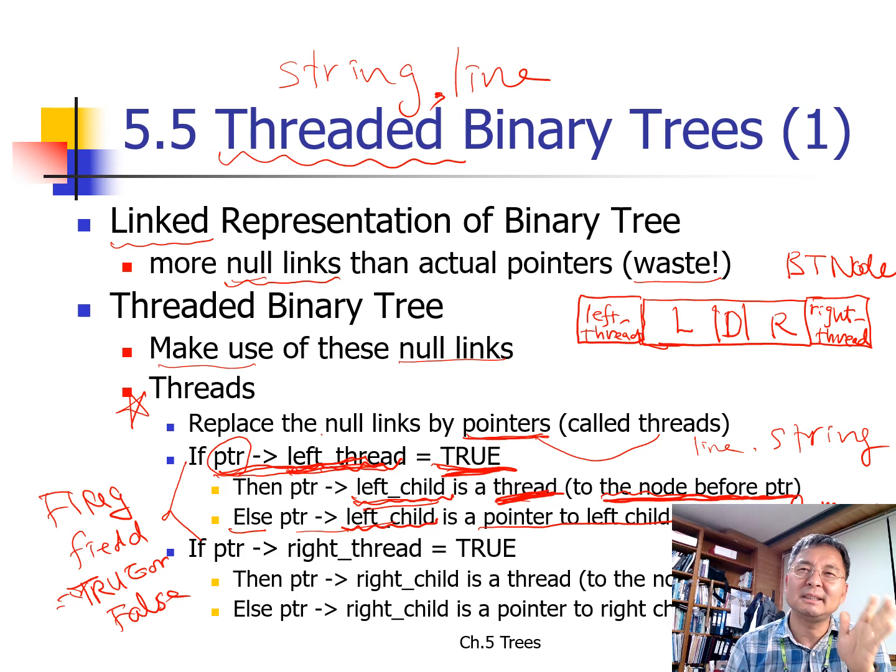That sequence is called the traversal sequence, traversal order. So in the traversal order, what is the node before this current node? That will be pointed to by using this thread.